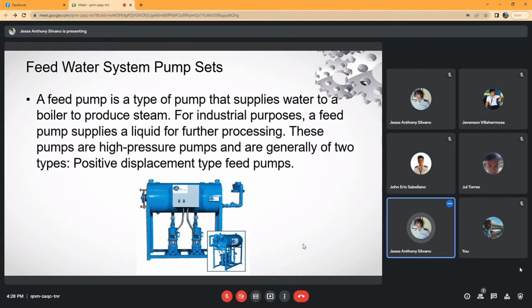Feed pumps are used to carry the water to the boiler so that we could produce steam, and steam is used for many processes like heating the HFO.